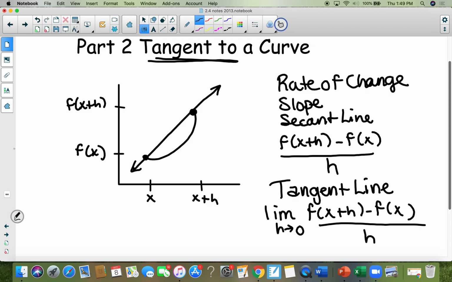By putting the limit out in front, we just changed it from the secant line to the tangent line. And that is the definition of a derivative right there. The limit as h approaches 0, f of x plus h minus f of x all over h, which is the tangent line that is going to be parallel to the secant line on this curve.